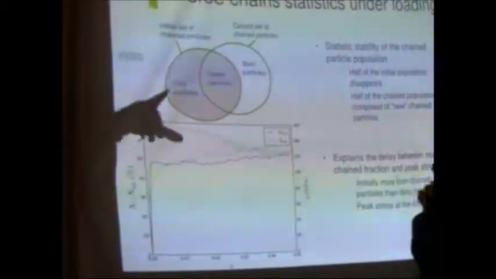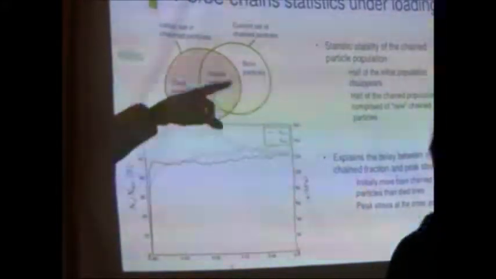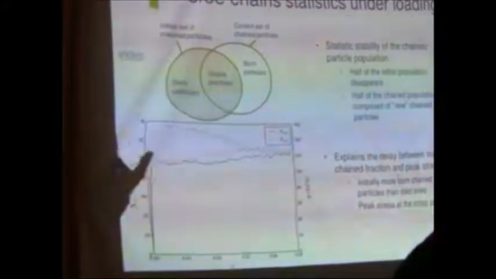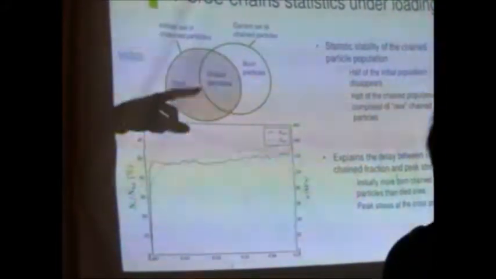And so you have these three different populations of particles. Some particles are very stable in force chains and actually represent only half of the initial set.